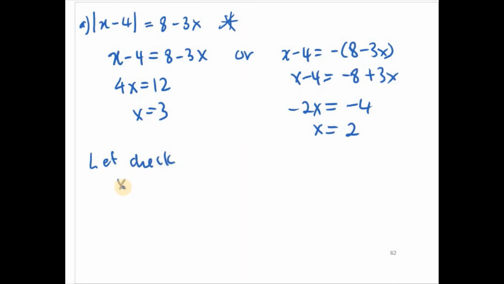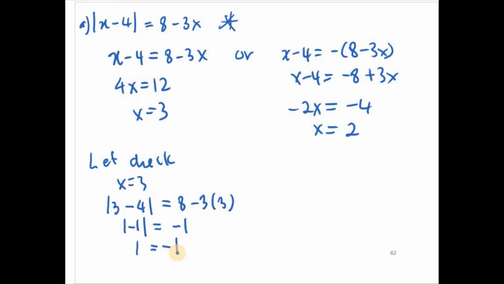First, we substitute x equals 3 into the question, which is modulus 3 minus 4, equals or not, 8 minus 3 times 3. So on the left hand side we have modulus negative 1, while on the right hand side we have negative 1. Modulus negative 1 is 1, but the right hand side remains as negative 1. So that means x equals 3 is not included in the answer.